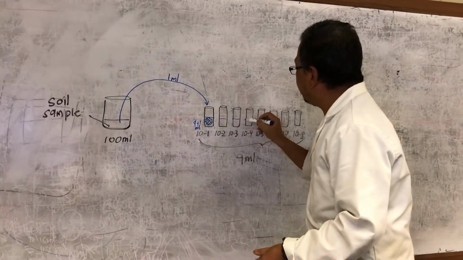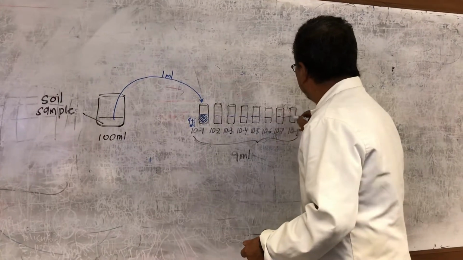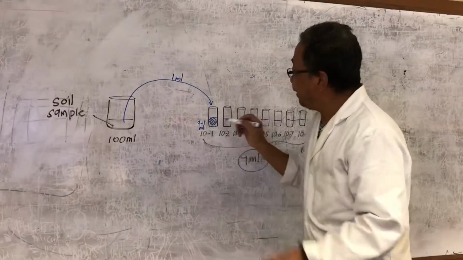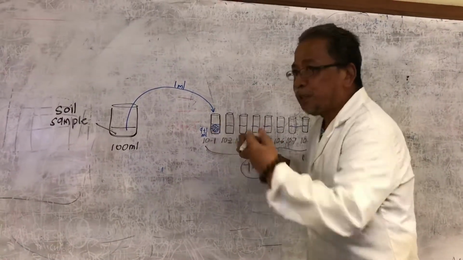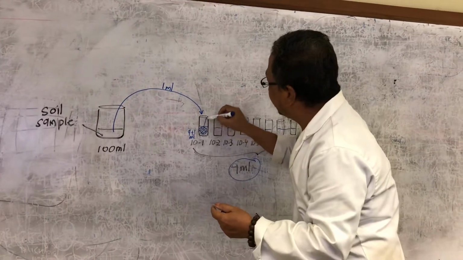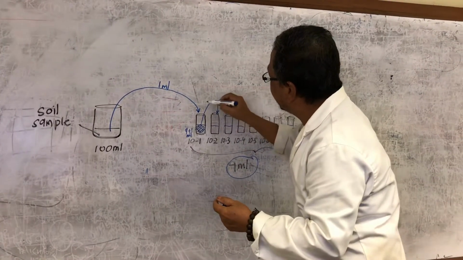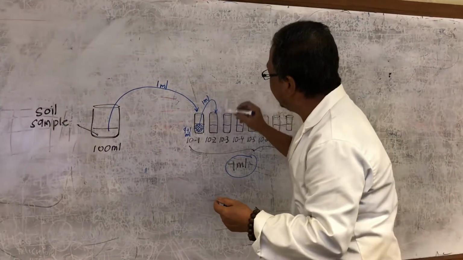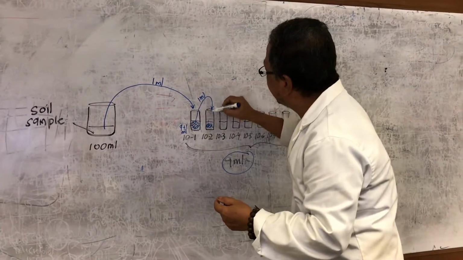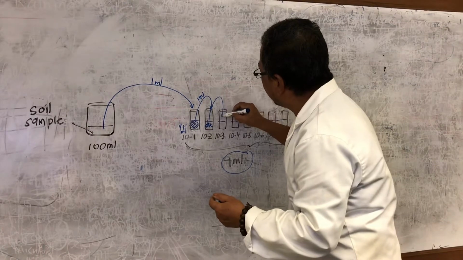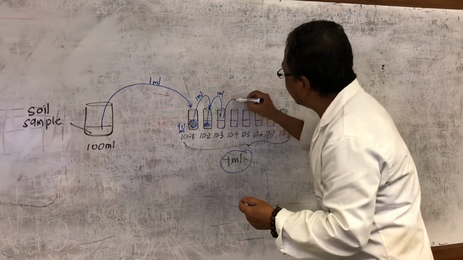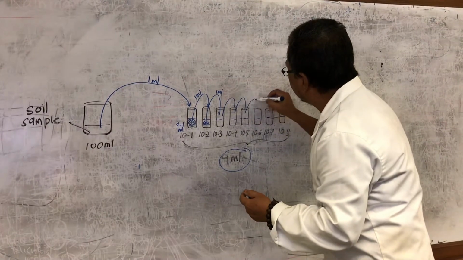Then you shake a bit. I will show you later. Then you take from here 1 mil, put it into the next, then again 1 mil from here, and all together like that.